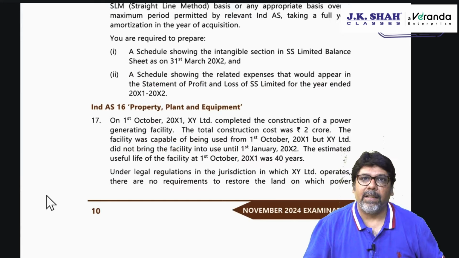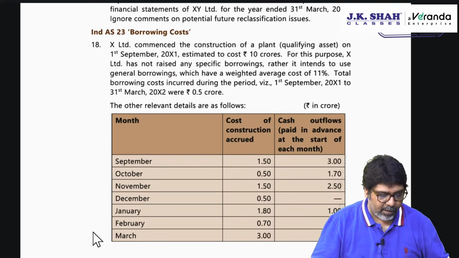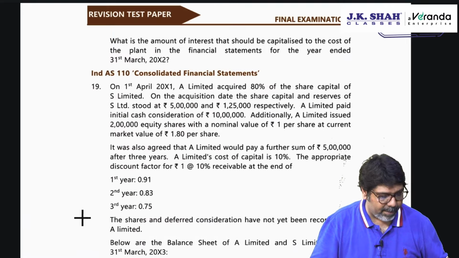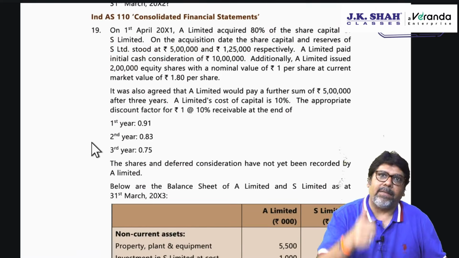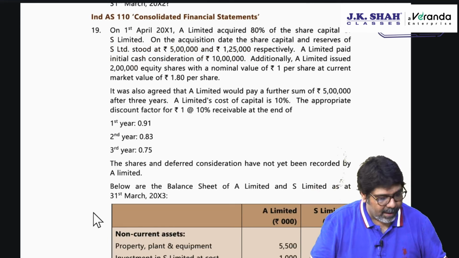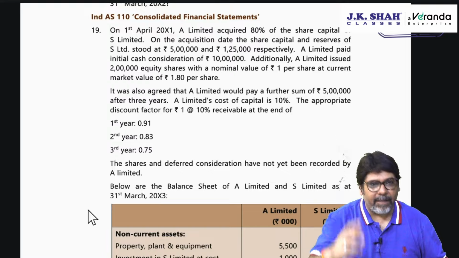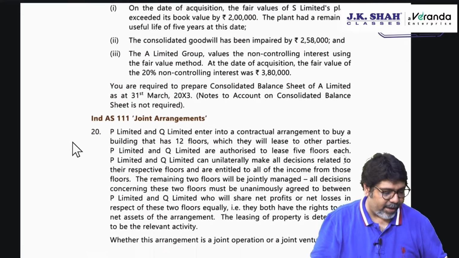This is an institute material question. It has already been done in the class. Borrowing cost also we have done in the class. Same question with same numbers. Consolidated balance sheet. We have done two such questions in the class. One is from diploma in IFRS and one is the same question because it has come into the exam, which involves little rectification of errors. And last one is nothing but a theory on joint venture.